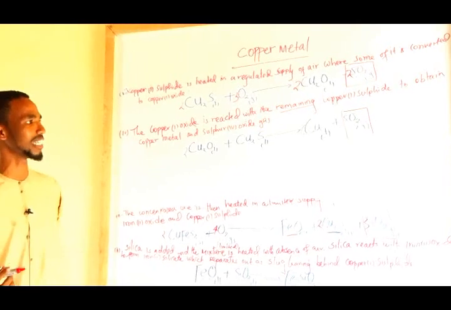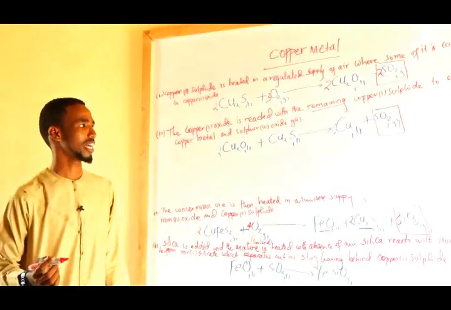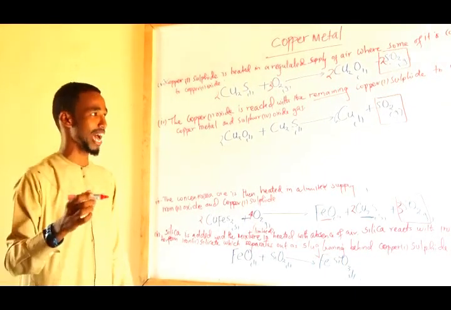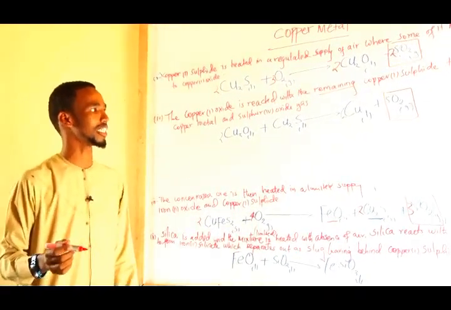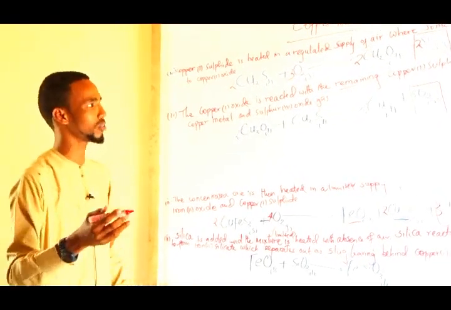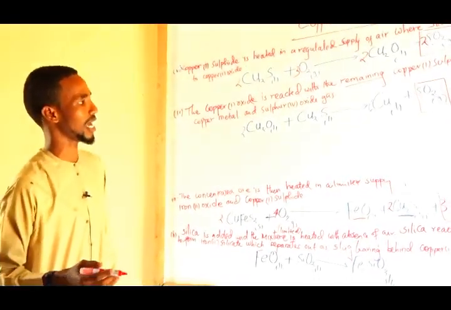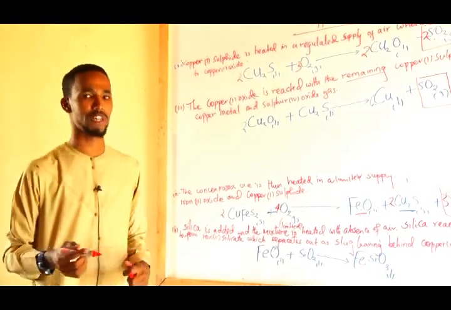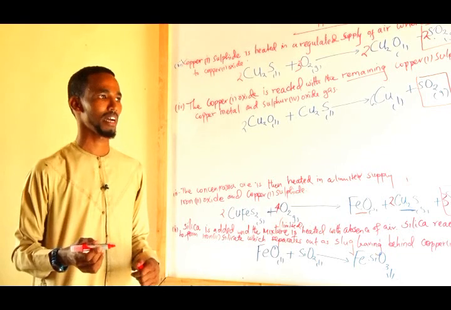The sulfur 4 oxide gas that is produced is fed into a sulfuric acid plant, or it is scrubbed using calcium hydroxide. So you have an option.